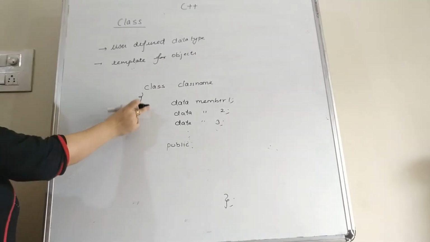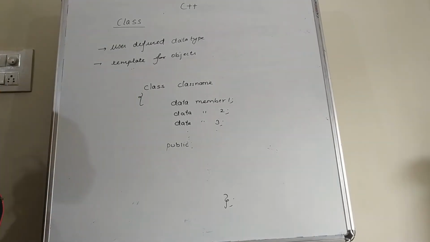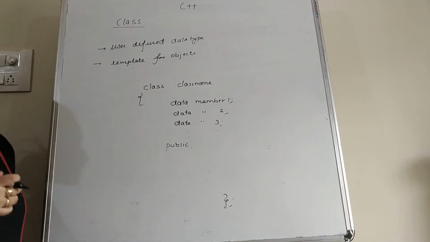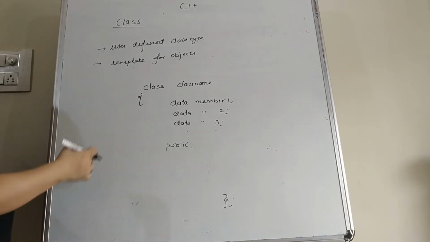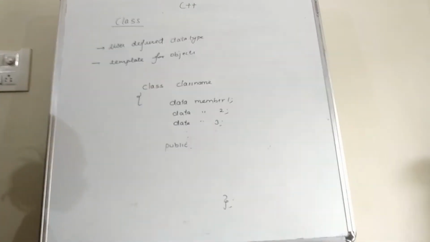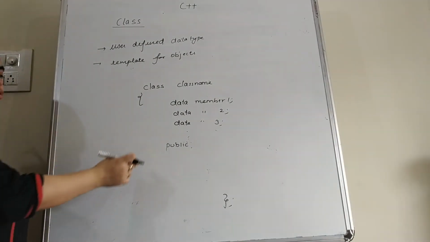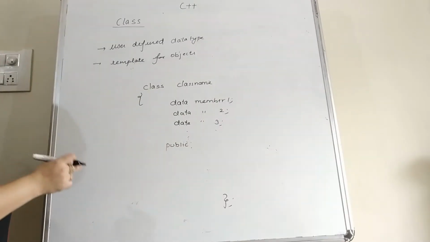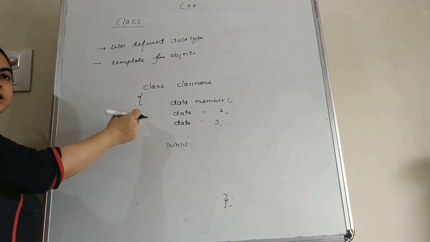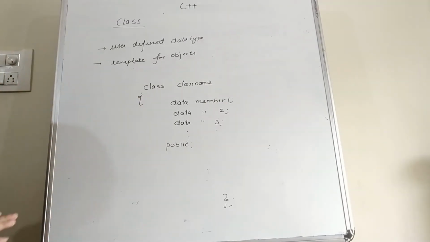We cannot allow any other person to see the data that is public. So we can make the data private and the member functions public, because we have to use the member functions outside the class, but directly we cannot use these data members outside the class, so we make them private.